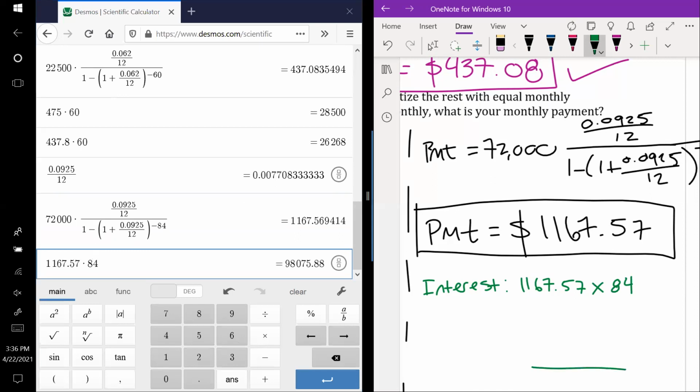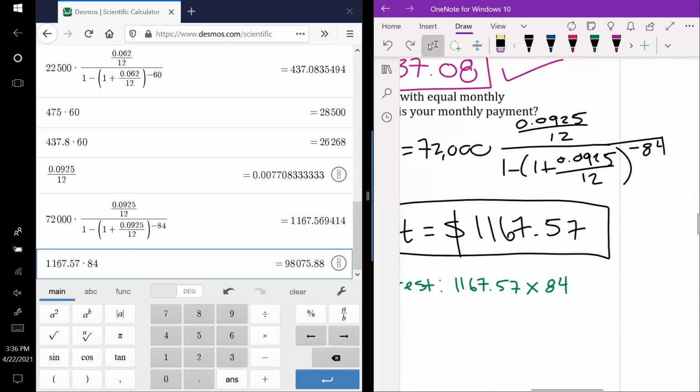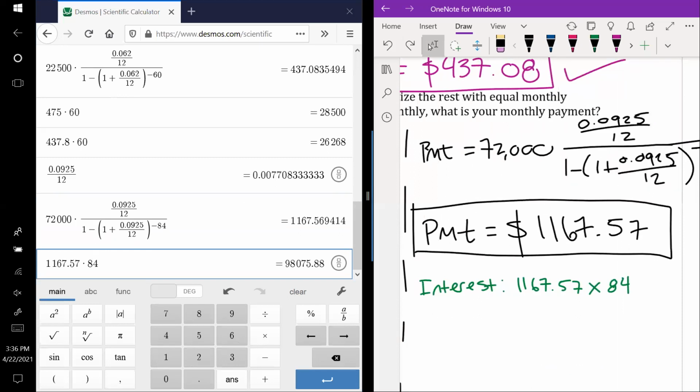Actually, let's just write that right below. That'll give us 98,075.88.